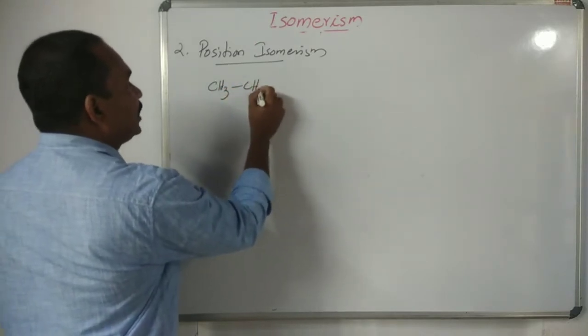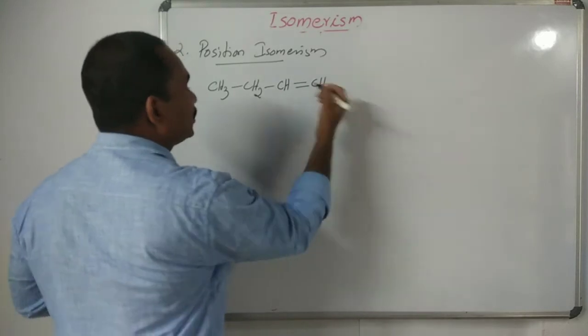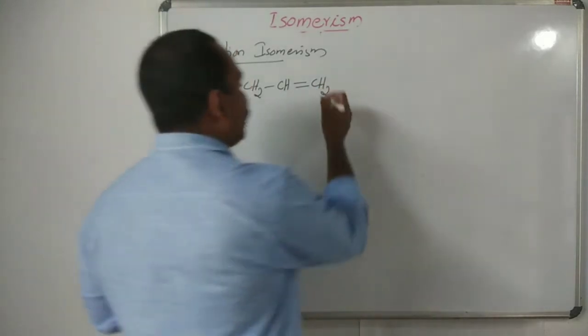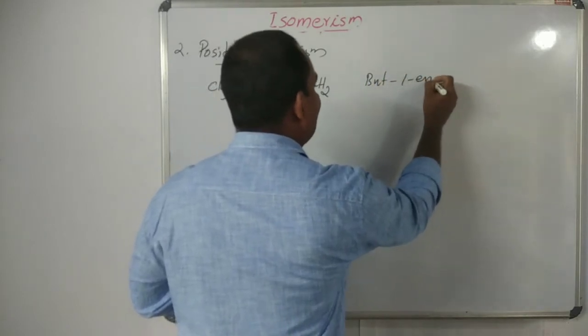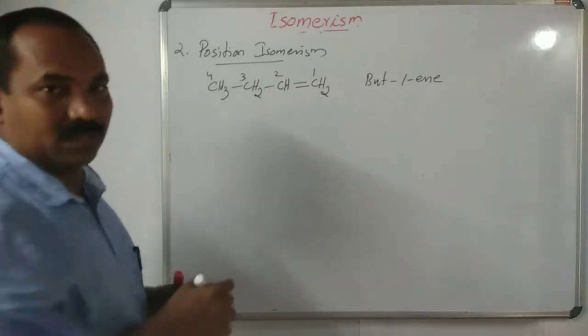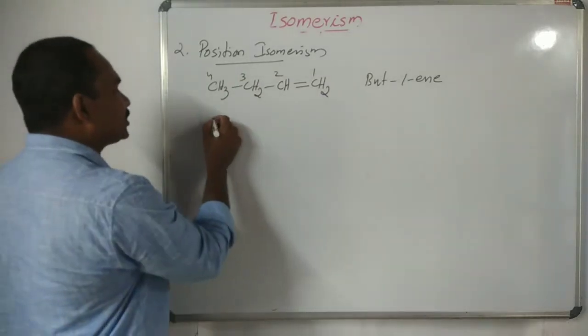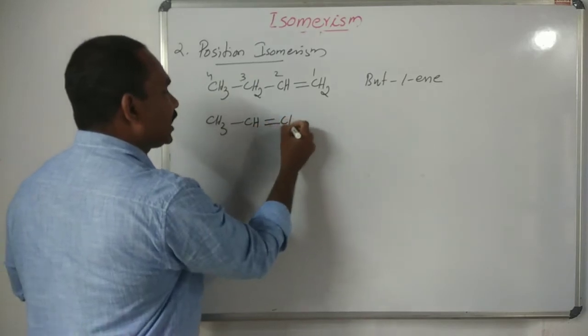CH3, CH2, CH double bond CH2. What is this? But-1-ene. Numbering 1, 2, 3, 4. Then it's position isomerism, without change in the chain.